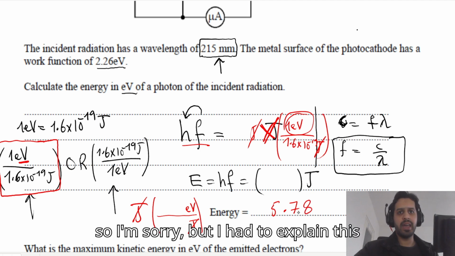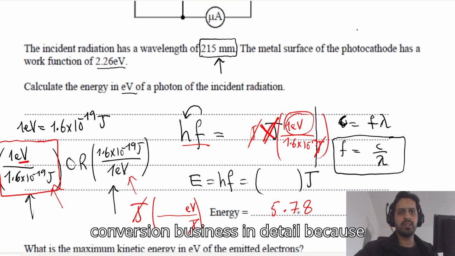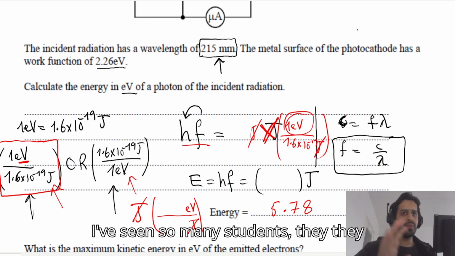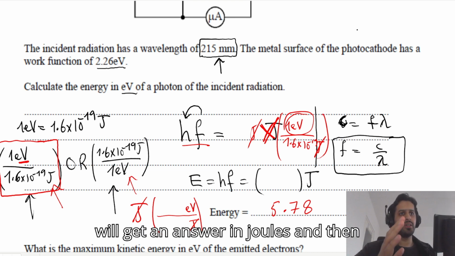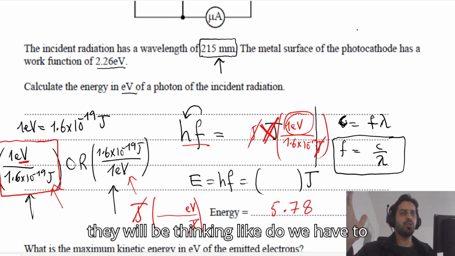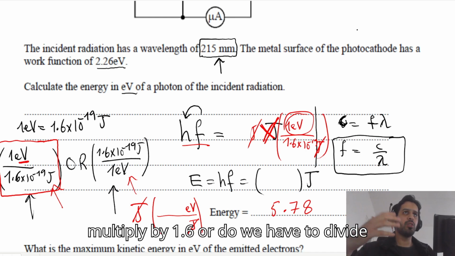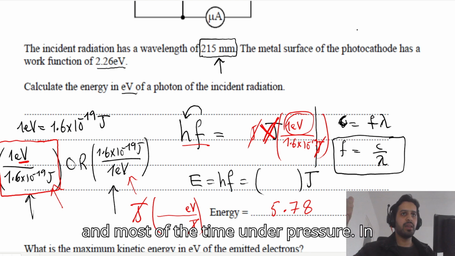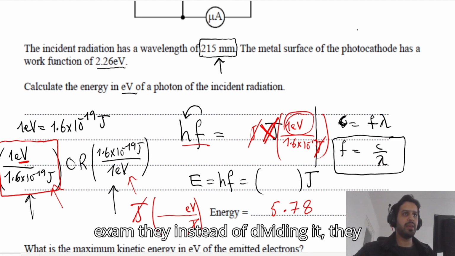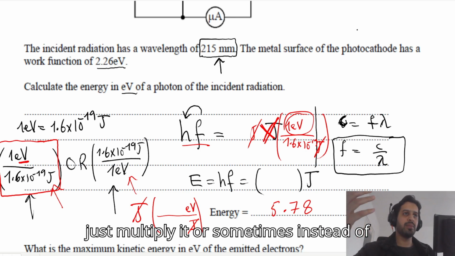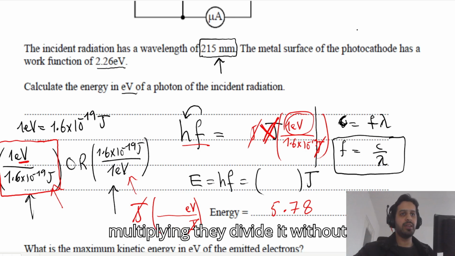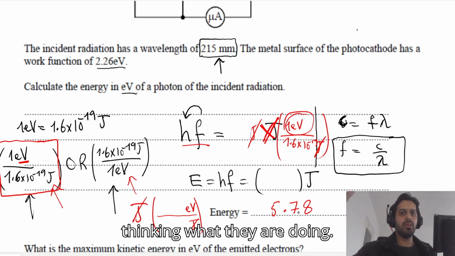So I'm sorry, but I had to explain this conversion business in detail because I've seen so many students get an answer in joules, and then they think, do we have to multiply by 1.6 or do we have to divide by 1.6? And most of the time under pressure in the exam, instead of dividing, they just multiply, or sometimes instead of multiplying, they divide without thinking about what they are doing.